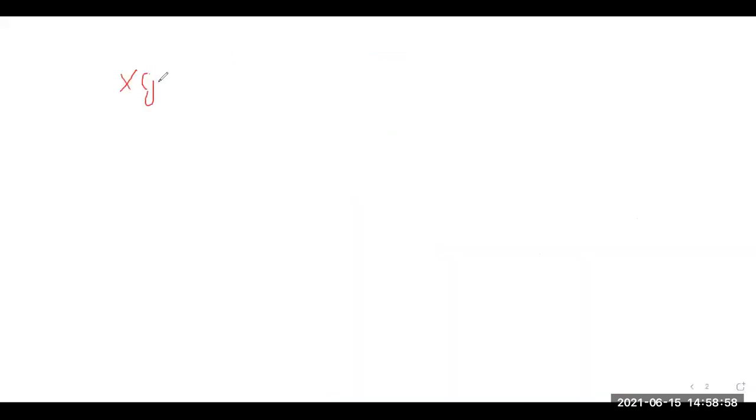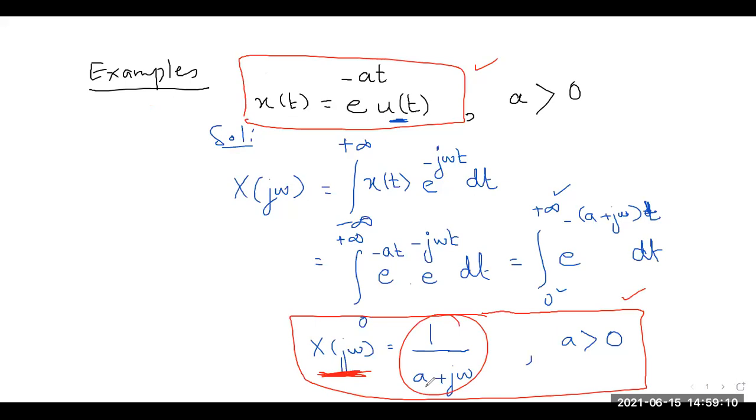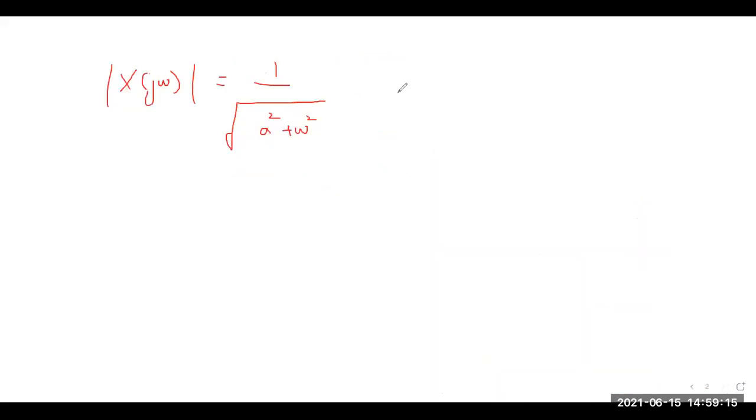The magnitude of Fourier transform will be equal to 1 divided by under the root a square plus omega square. This is how you find the magnitude of this part. And then phase part, phase will be equal to minus tangent inverse of omega by a.